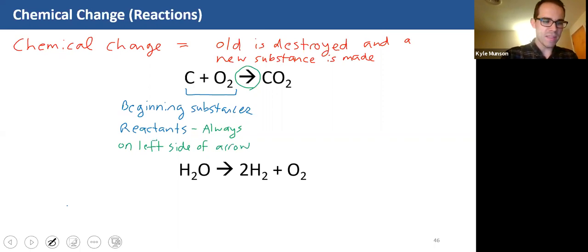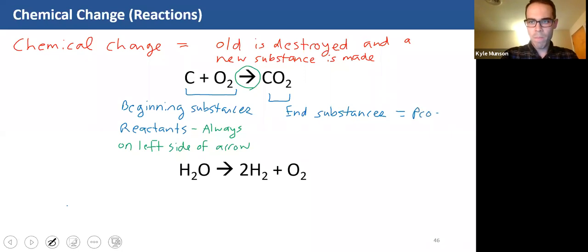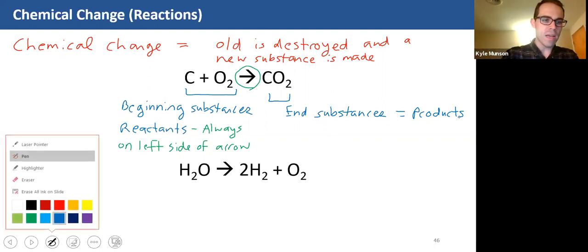Left side of the arrow. Okay, those are the reactants. Over here, these are the end substances. Okay, and those are known as the products. It is the thing that is produced by the reaction of carbon and oxygen. It's what we end up with. And it's always on the right side of the arrow.